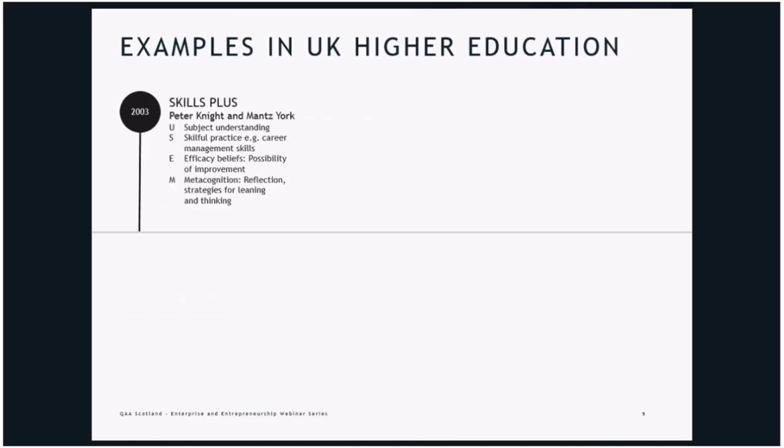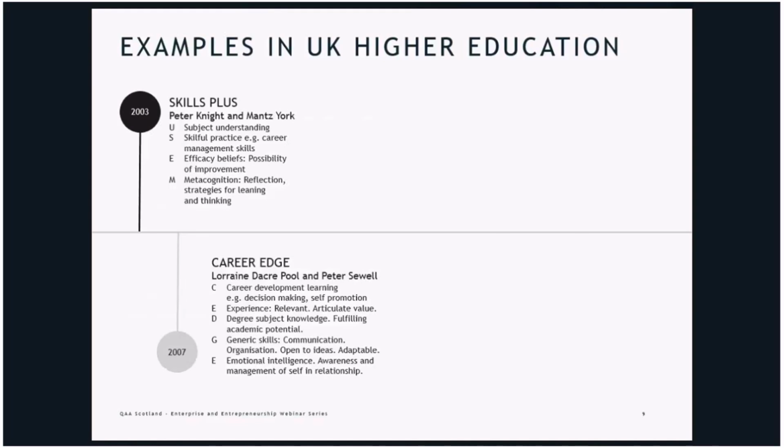So one of the first models that I heard about that really had a holistic slant was the Skills Plus model by Peter Knight and Mantz Yorke. Some of you might have heard of that one. Then Lorraine Blackberry-Poole and Peter Sewell have created the Career Edge model.